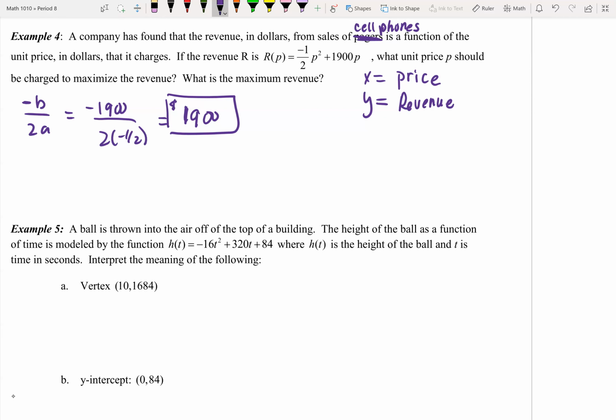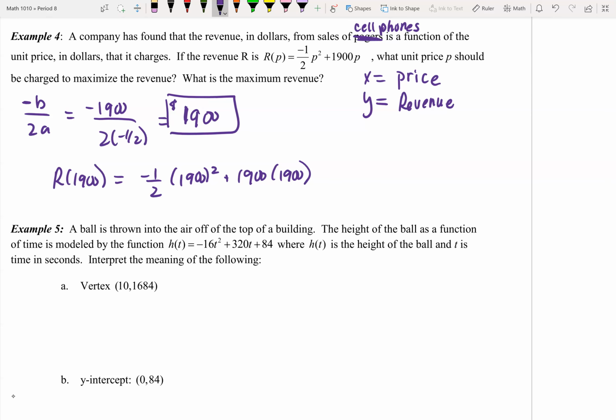But I'm not done because there's a second question. What is the maximum revenue? Everybody in the room, what do? Plug it back in. So everybody go R of 1900 is equal to negative 1/2 times 1900 squared plus 1900 times 1900. Put it in just how you see it.